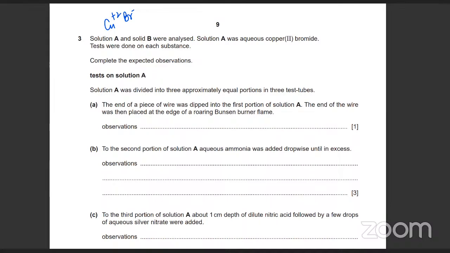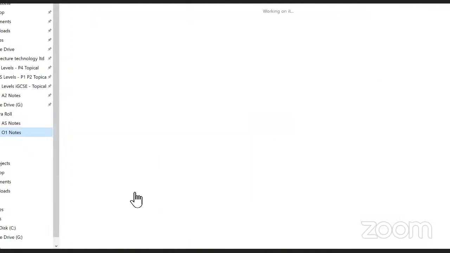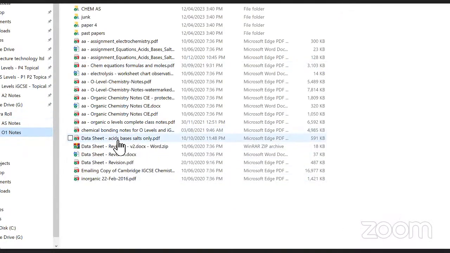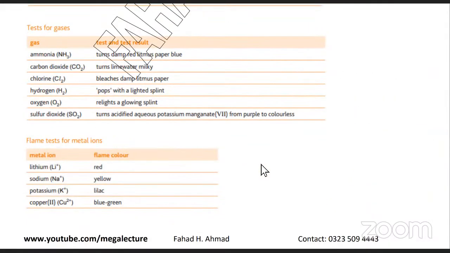तो मैं साथ ही ना वो खोल लेता हूँ कि where's the salt analysis data sheet. अच्छा इसमें ना first thing, remember the flame test. When you put a wire in a hot flame, that's a flame test.